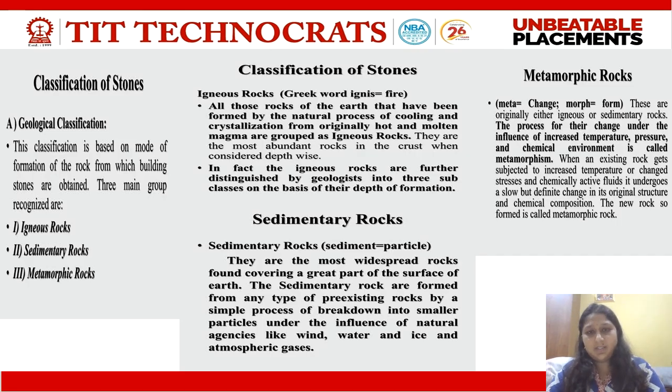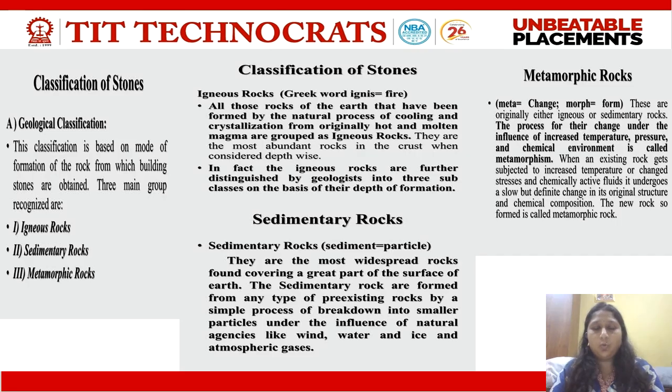What is igneous basically? Ignis is a word which relates to fire in Greek. So basically it is about fire or high temperature material coming onto the earth's surface, due to earthquakes or volcanic eruptions. The igneous rocks are the rocks formed from the solidification of molten magma which comes on the earth's surface during earthquakes or volcanic eruptions.